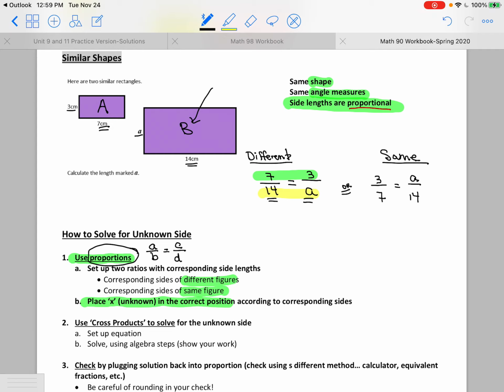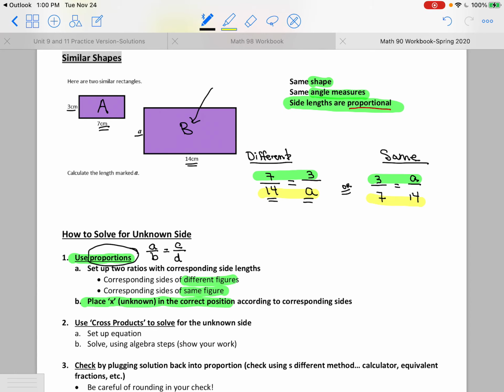And you notice here that the numerators are both my widths, and the denominators are both my lengths. But instead of going from one figure to the other in a single ratio, the ratio of 3 over 7 is all for figure A, and then A over 14 is for figure B. You guys have so many choices here, because I could have flipped it: 7 over 3, 14 over A. You guys have tons of choices.